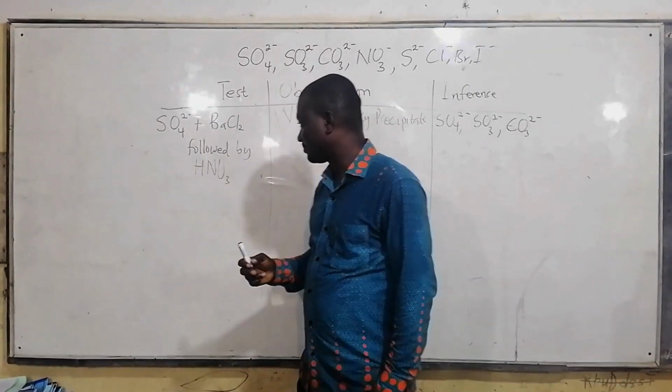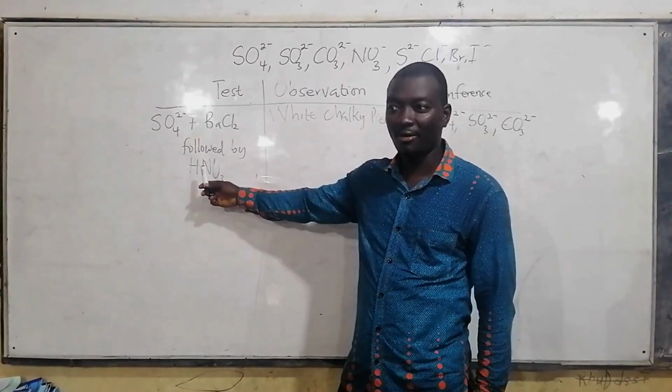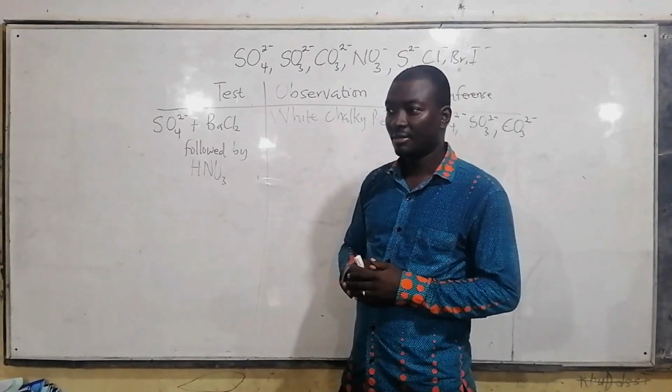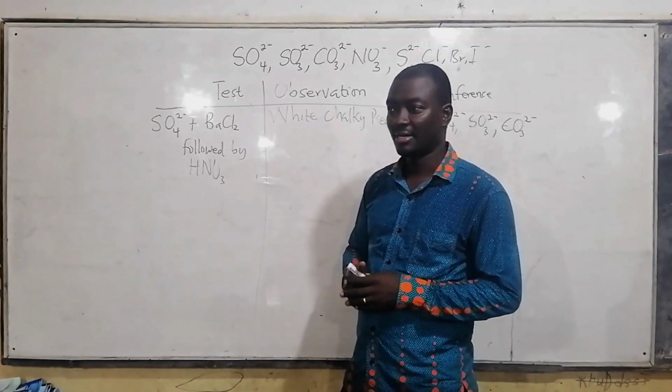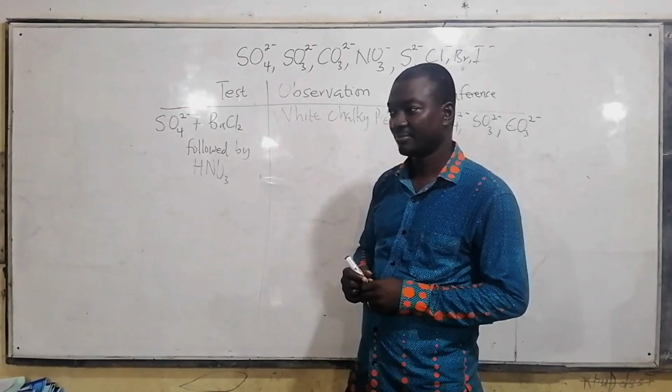So as a matter of fact, it is the addition of the HNO3 that will enable us to conclude that it is SO4 2 minus.